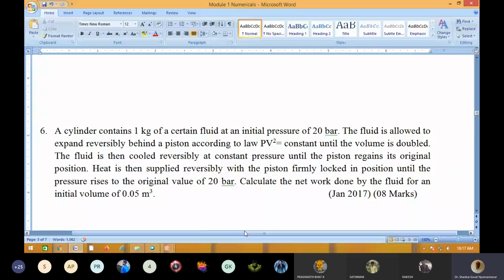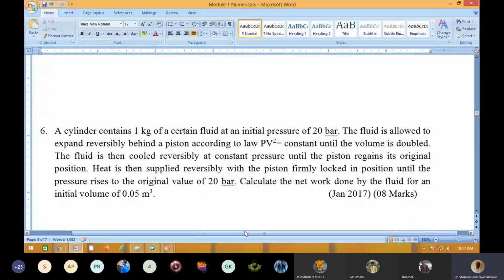So the initial volume is V1. The volume after the expansion is doubled. What is the meaning of that? If I say volume is doubled, what will V2 be equal to? 0.1. Double means what? Initial volume is V1, after expansion the volume V2 doubles. 2V1. Volume doubles.